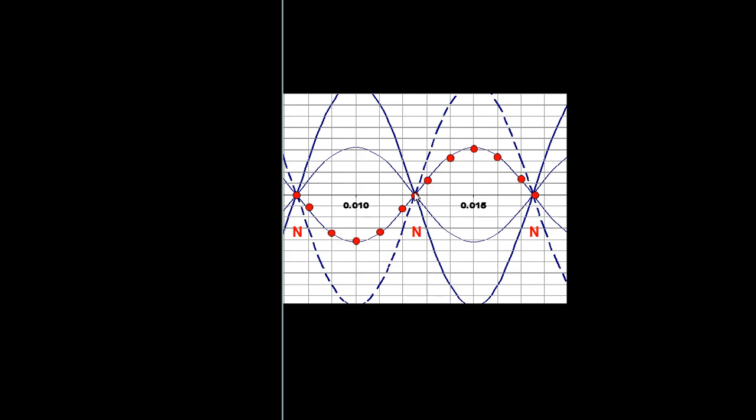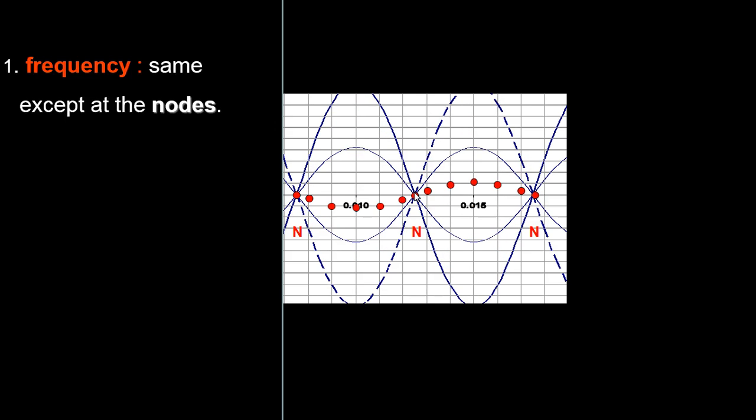So the first characteristic, what we do see is that the frequency of the oscillations of all the particles are all the same. Okay, frequency is the number of oscillations in 1 second, which is related to the period, f equals 1 over T. So if you look at this particle, the time that it takes to go to the lowest place and the highest place is the same as the neighboring particle.